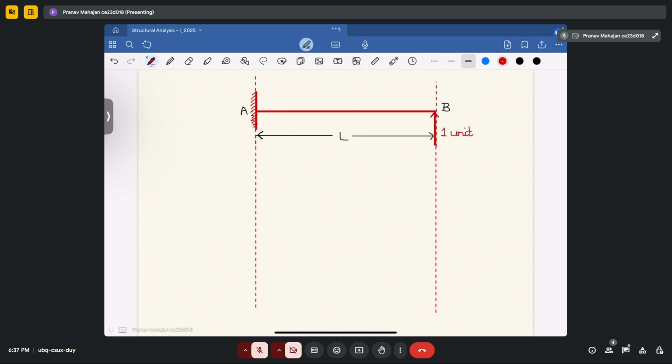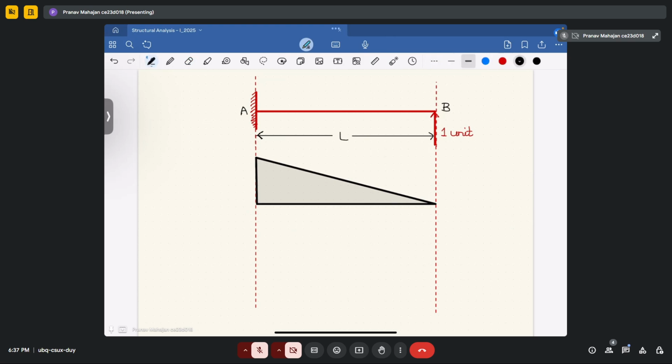So if I try to make the M upon EI diagram for this case, due to the concentrated load, it will be like this. Fine. And if you try to determine the value, it will come out as L upon EI.